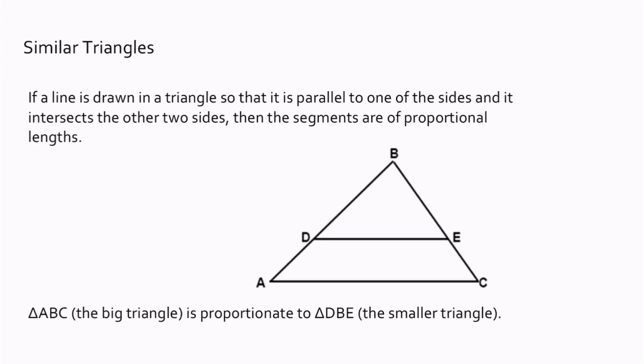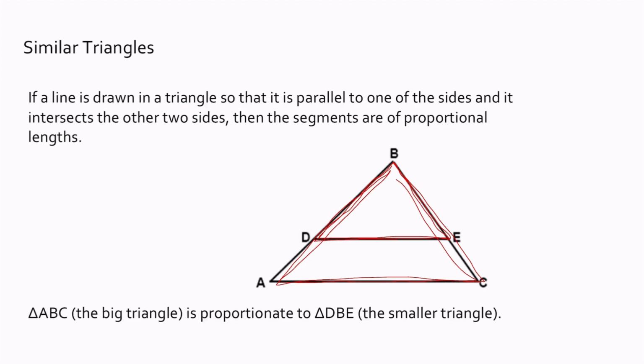In a similar way, if there's a line that's drawn through a triangle so that it's parallel to one of the other sides, its segments are proportional lengths. So what we're really saying is we have this small triangle here is proportionate to the big triangle here.